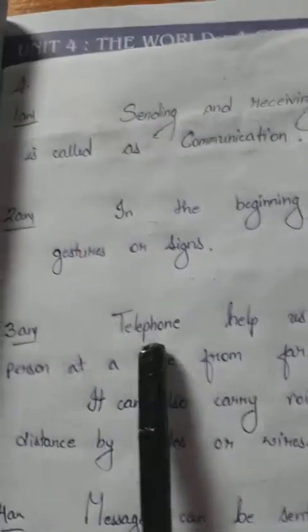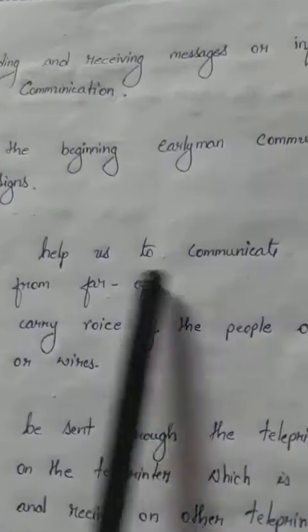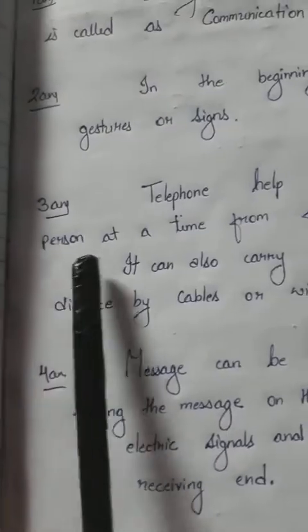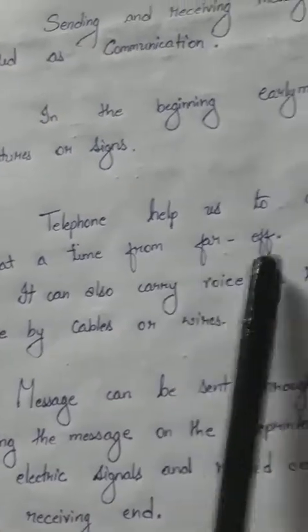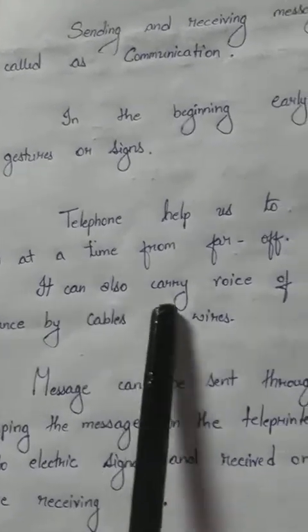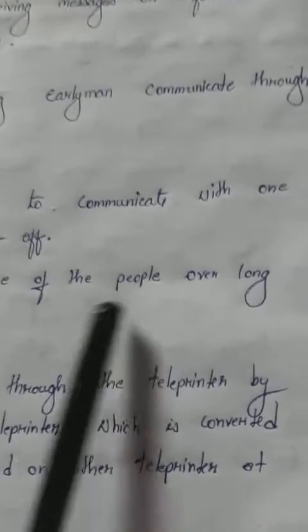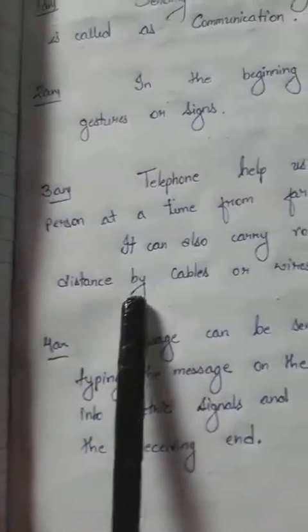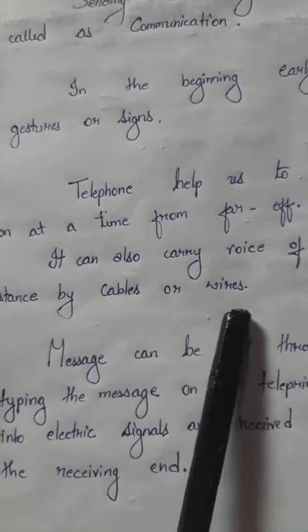The answer: the telephone helps us to communicate with one person at a time from far off. Full stop. Next line. It can also carry the voice of the people over long distances by cables or wires.